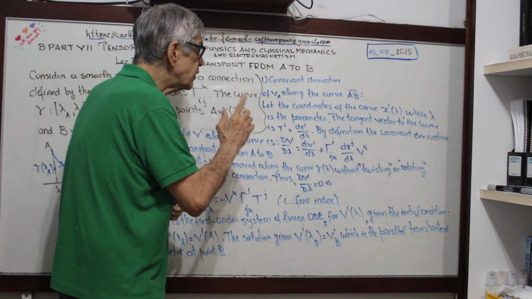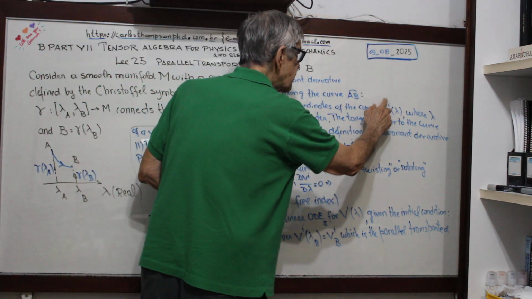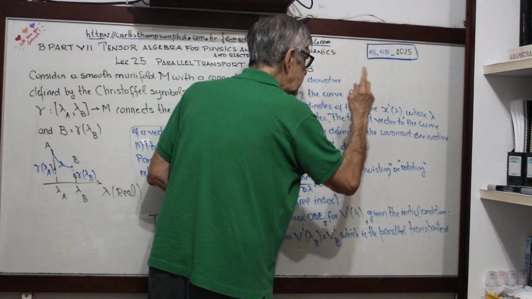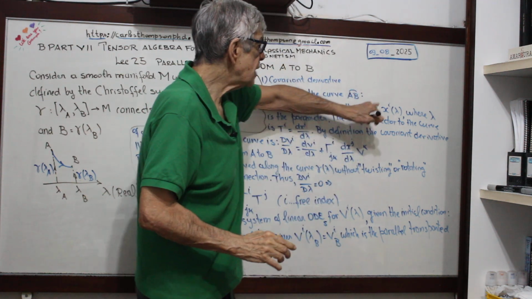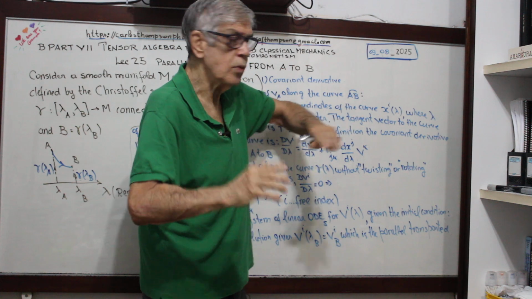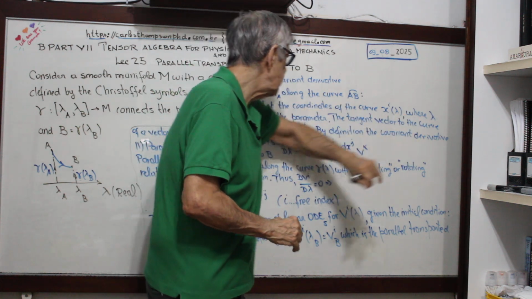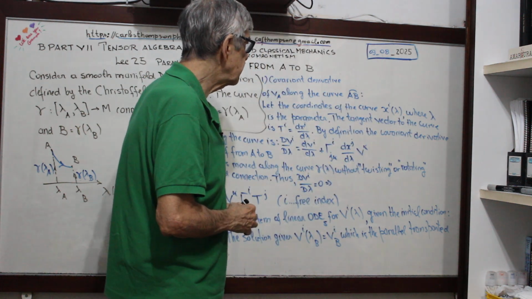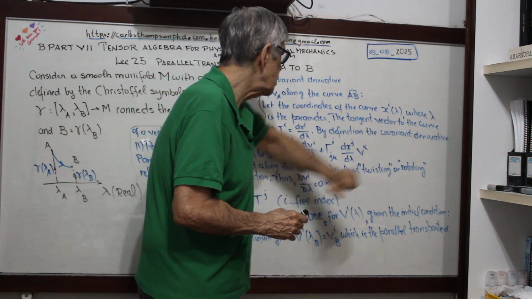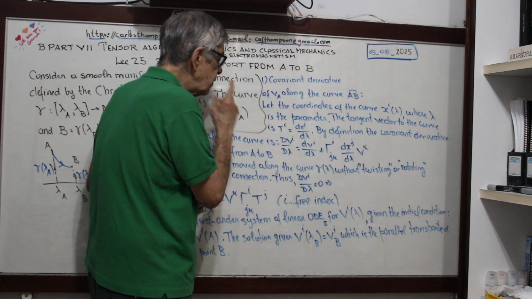Now, let the coordinates of the curve be xi of lambda, again, I insist, xi are labeled, where lambda is the parameter. The tangent vector to the curve is ti.